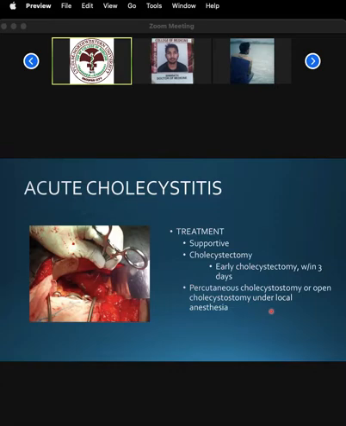Okay? If there's no improvement after this, it will tell you that you might be dealing with a gangrenous or a perforated gallbladder. That's why, regardless of the patient's clinical condition, we have to go in and perform the definitive procedure.